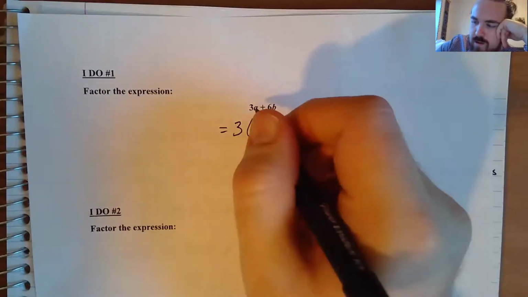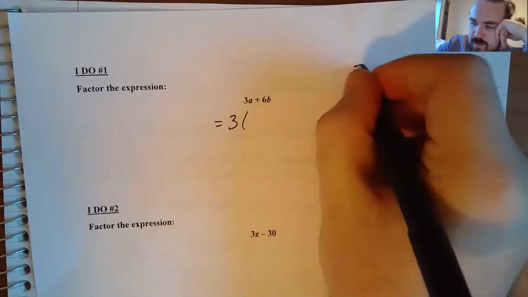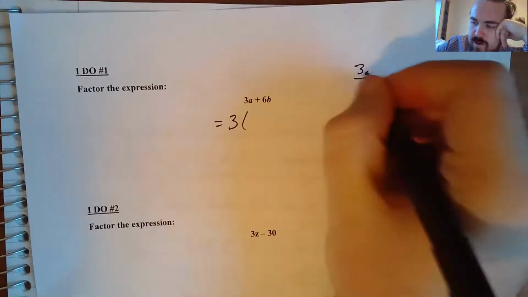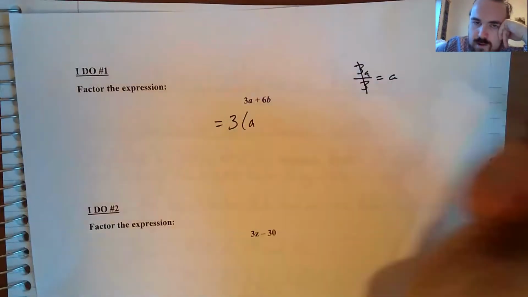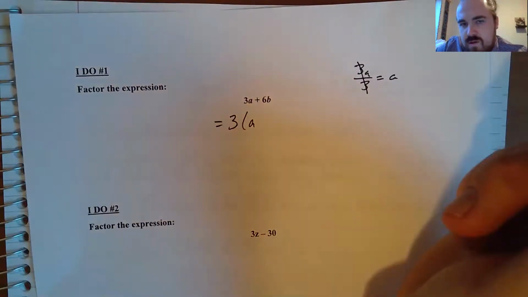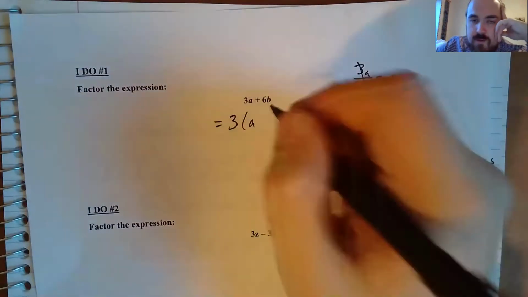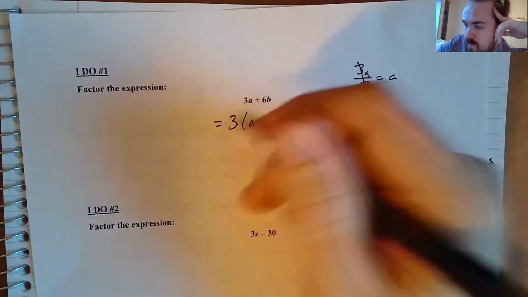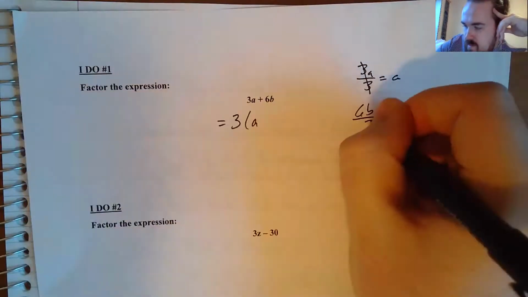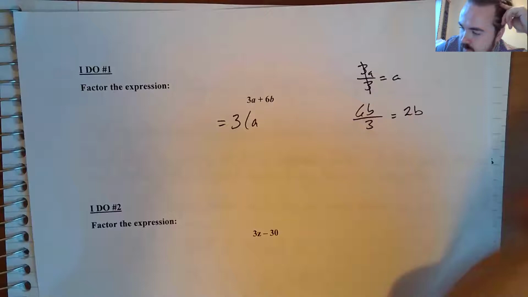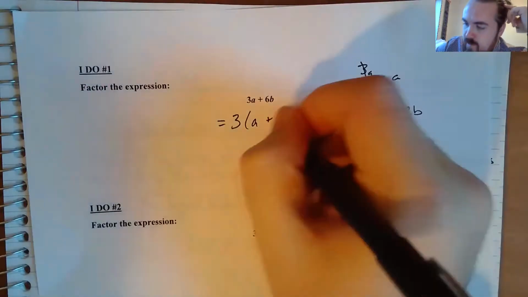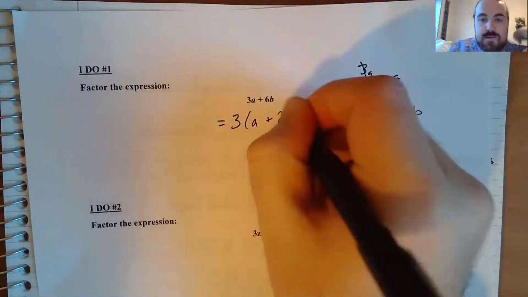Well, 3a divided by 3 is just a. You could put 1a, the same thing, just a. What's 6b divided by 3? Well, 6 divided by 3 is 2, so we get 2b. Plus, always keep the same operation, 2b. And that's it. That's the answer.